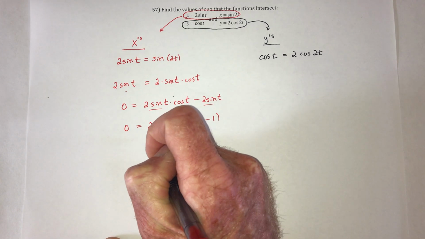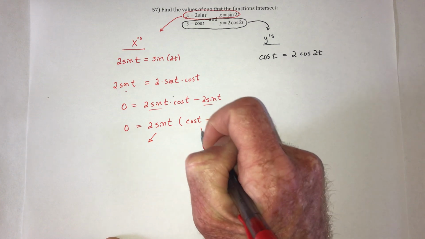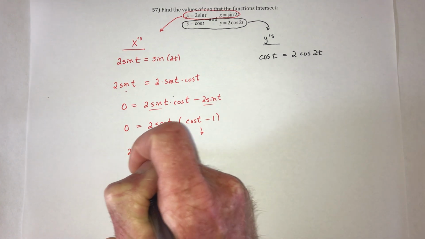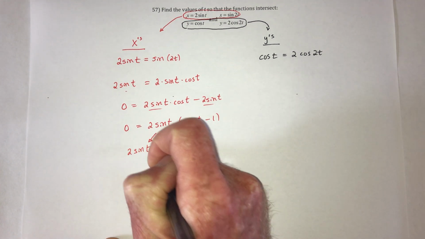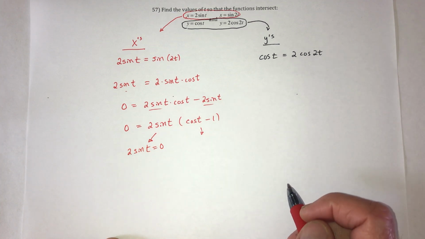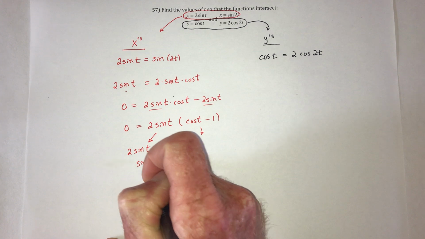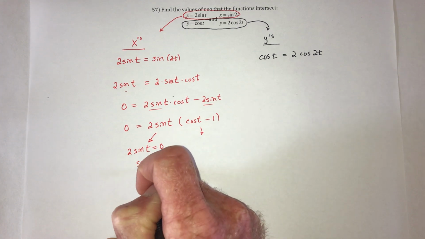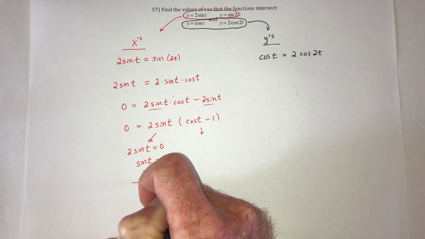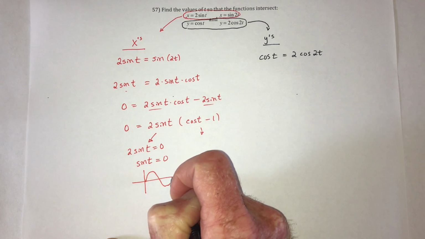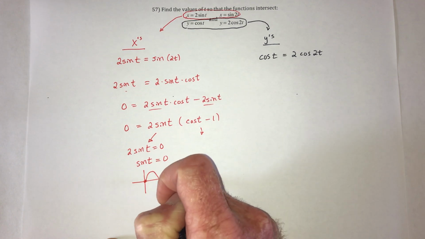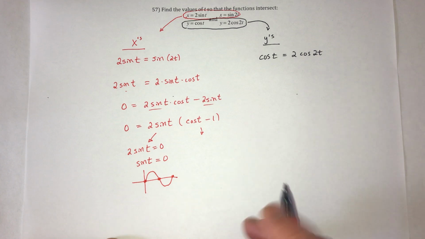Now that we've factored it, set this equal to 0 and set this equal to 0. So when does 2 sine t equal 0? Well, you could divide both sides by 2, and it really means when does sine equal 0? So it would equal 0 right here, and right here.